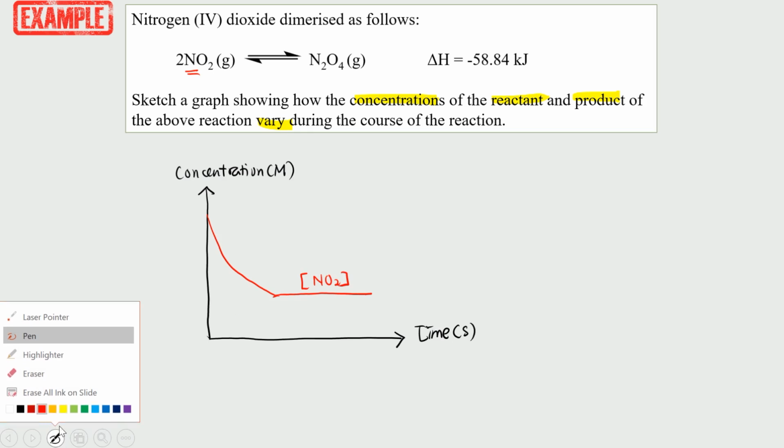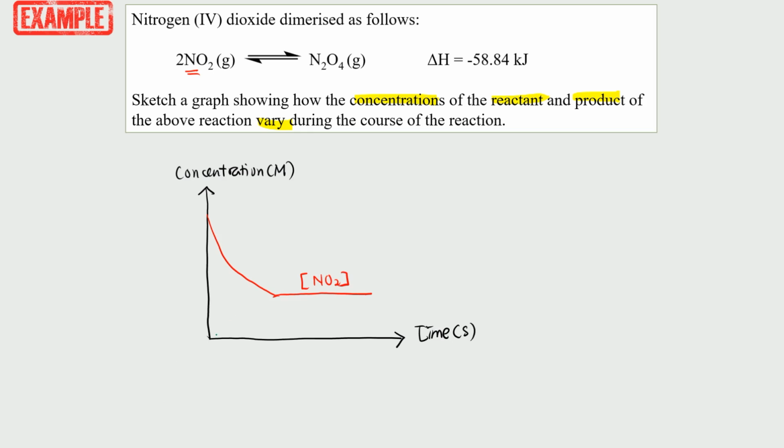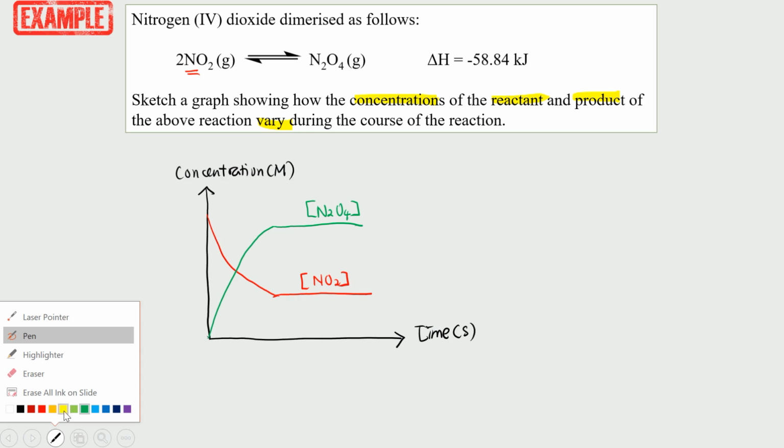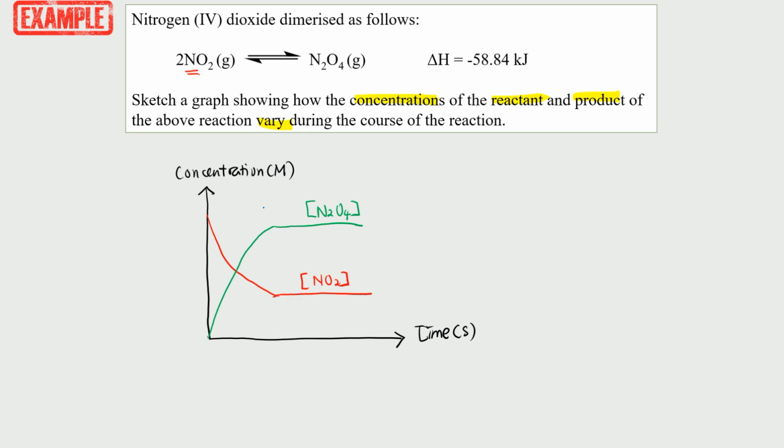As for the concentration of the product, it will increase and become constant, and label this N2O4. Lastly, don't forget to draw a dotted line to show the time the reaction reaches equilibrium, and then label at equilibrium.